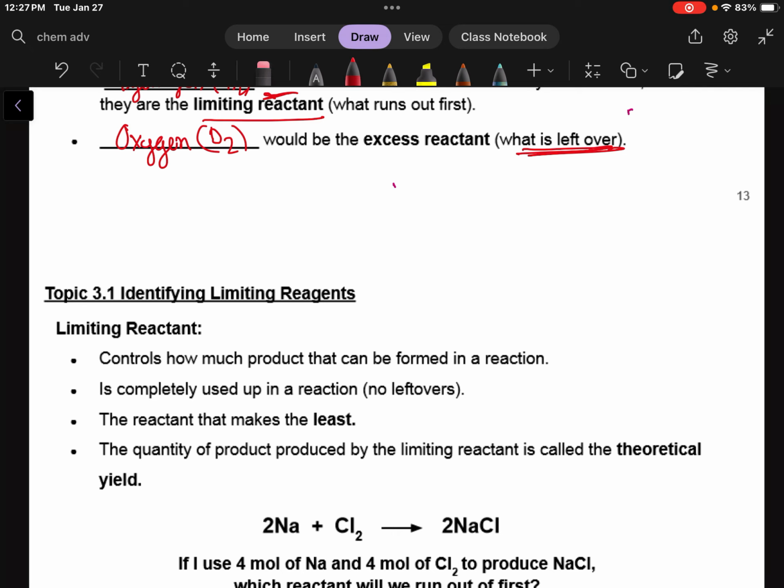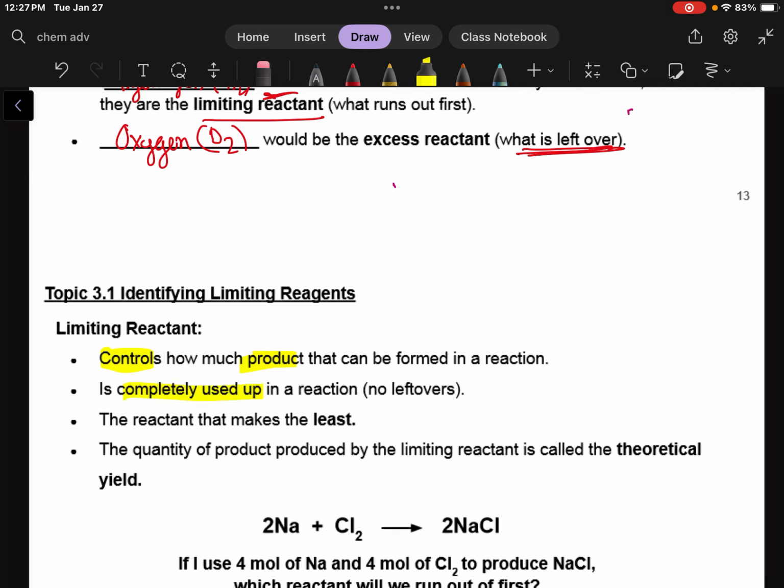Now we are going to do the practices and see how we can use dimensional analysis to identify the limiting reactant and calculate the excess reactants. Okay. So the definition of limiting reactant is the one which controls the product.